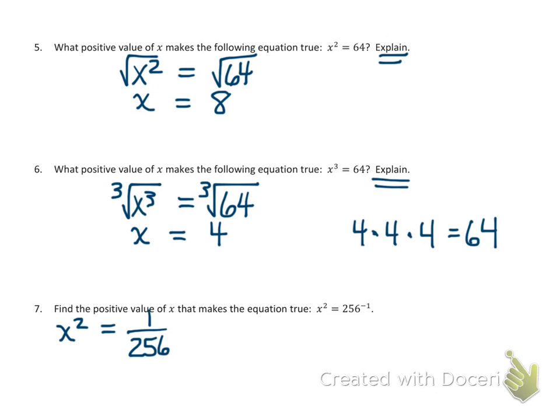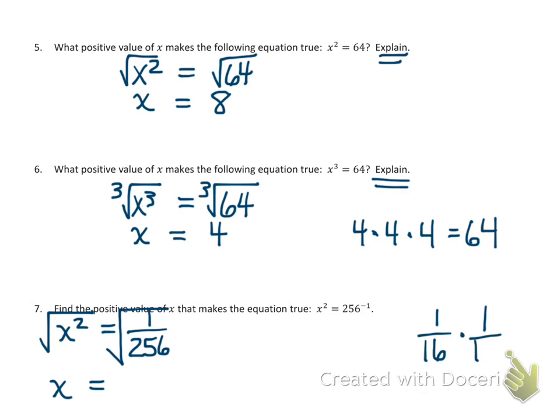All right, so I want x to the first power, so I'm going to take the square root of both sides of this equation. So the square root of x squared is x, and the square root of 1 over 256 is, I'm going to have to figure out. And I know that 16 times 16 is 256.